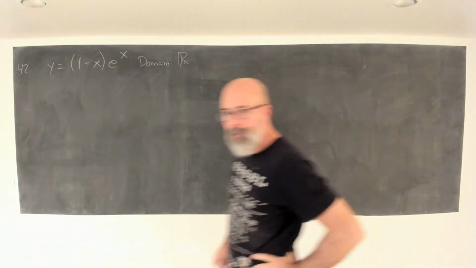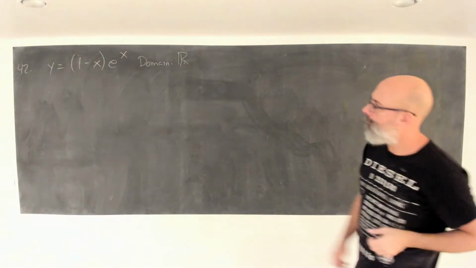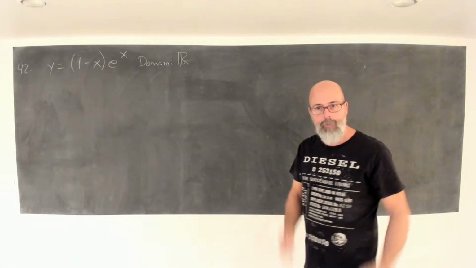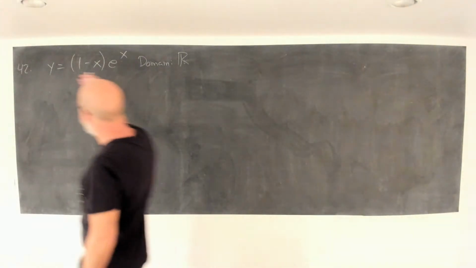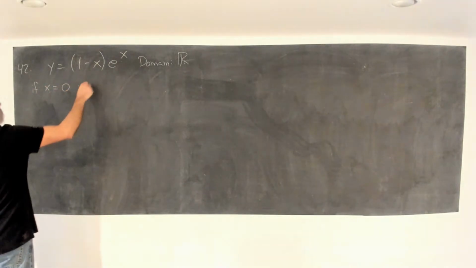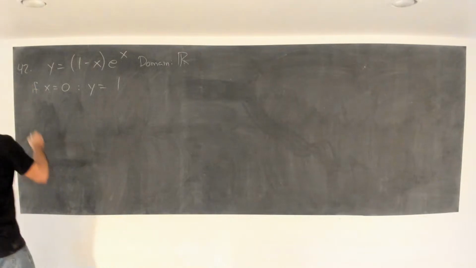X and y intercepts. You say except for one, but one's not an issue, right? You can plug one in and you get a number. If x is 0, y is easily seen to be 1.